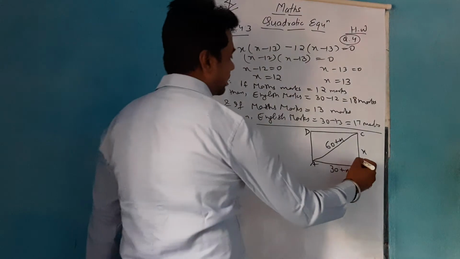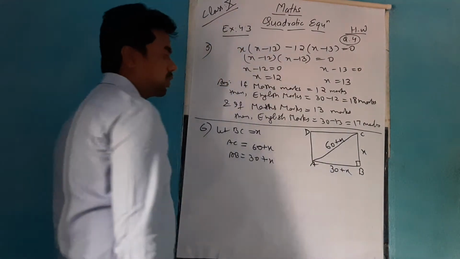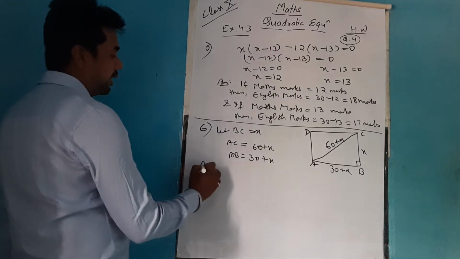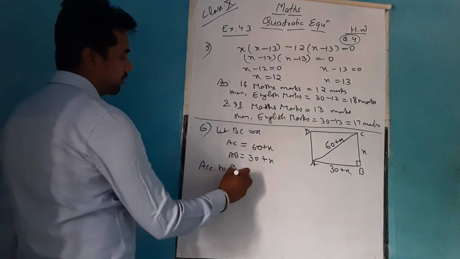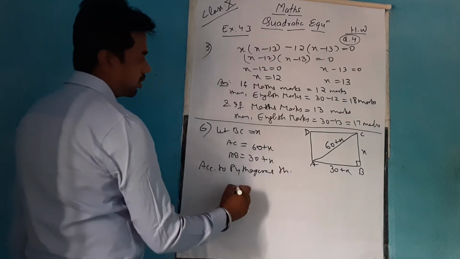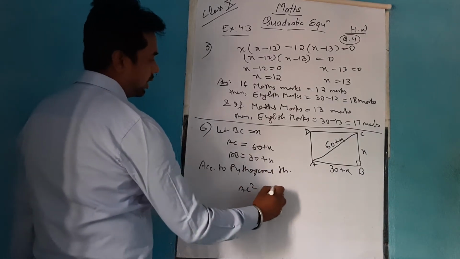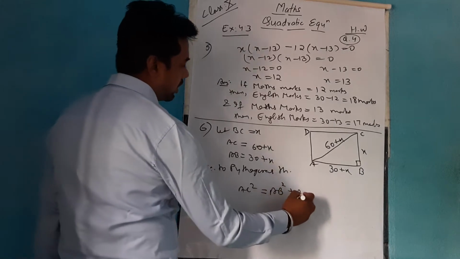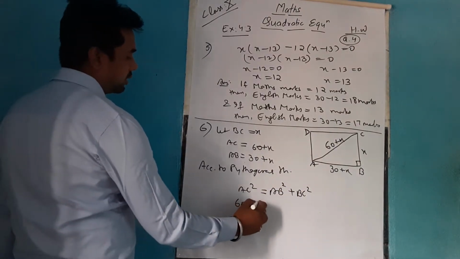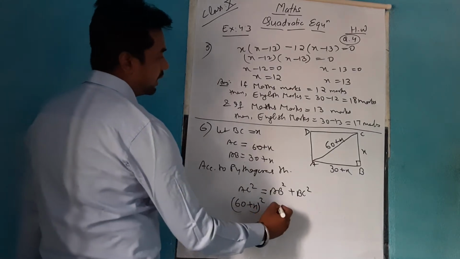As you know that it is a rectangle, it has 90 degree angles, so it will form a right angle triangle. So here we'll apply the Pythagoras theorem. AC square equals AB square plus BC square. AC is 60 plus x, so we take the square of 60 plus x.